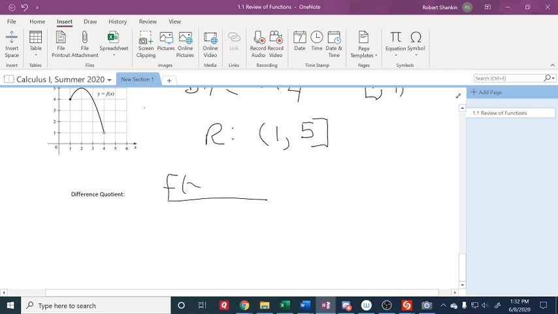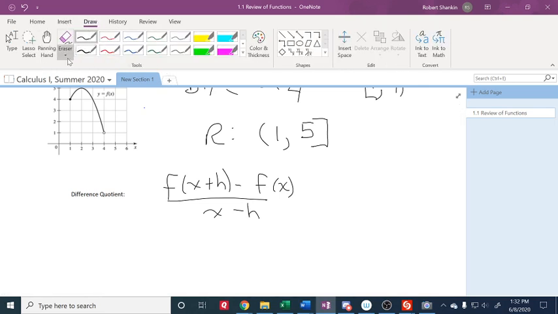The most common one is this: f of x plus h minus f of x over h. So that's what we call a difference quotient.